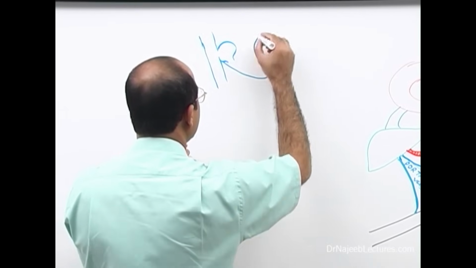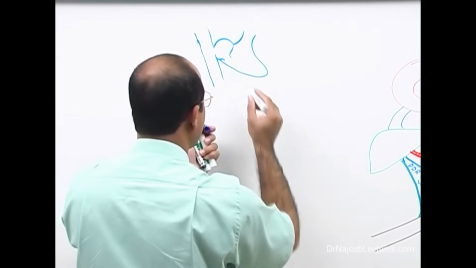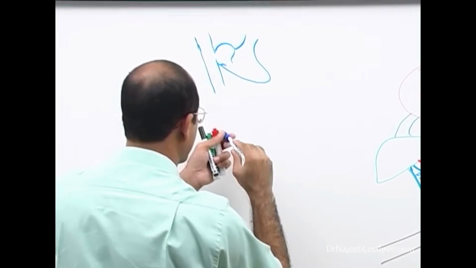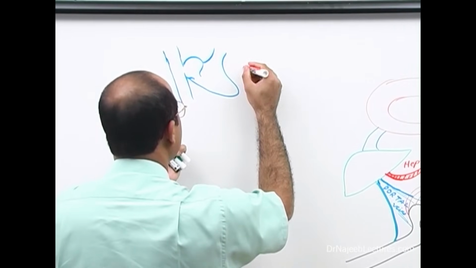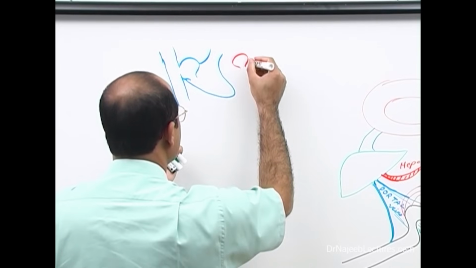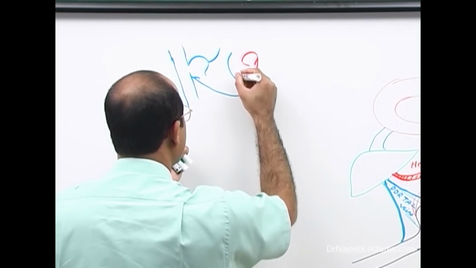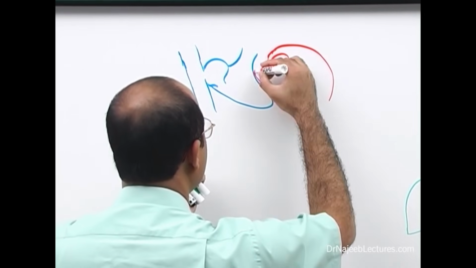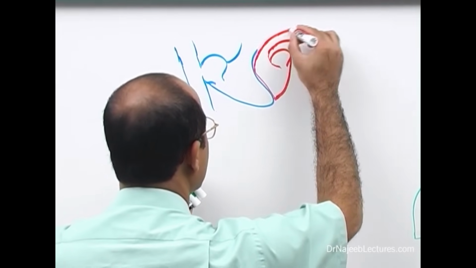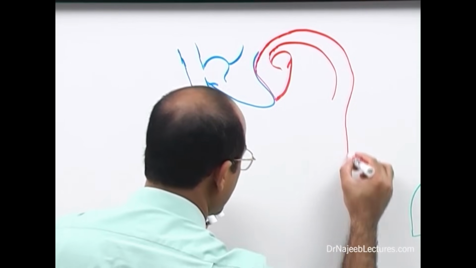Here we have the right heart, right atrium, right ventricle, pulmonary artery. Here you have your left atrium and left ventricle. From here, what is coming? Aorta, is that right? And this is your systemic circulation.